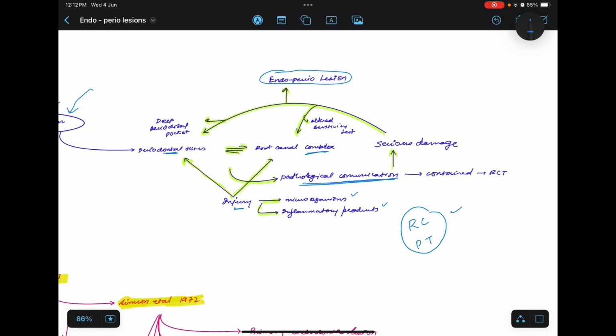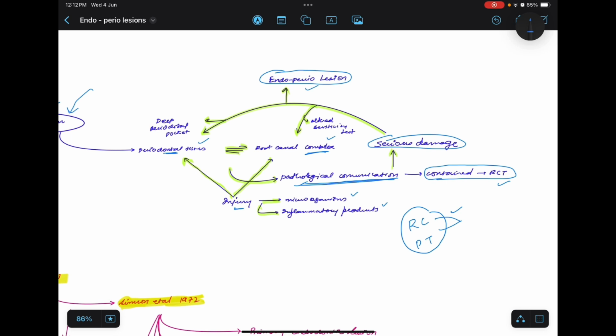But many times, whenever either your periodontal tissues or your root canal complex suffers some sort of pathology, this communication becomes pathological. Mostly it is contained when you go for an RCT, that is root canal treatment. But if there is serious damage, it will lead to an endo-perio lesion.